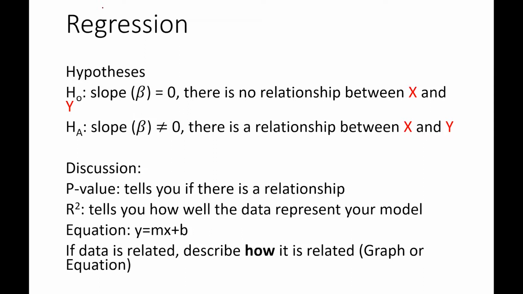If it's a really low R squared value, even if your p-value is small, even if your regression is significant, that means that there is a significant relationship, but the line of best fit isn't maybe the best way to describe the relationship.